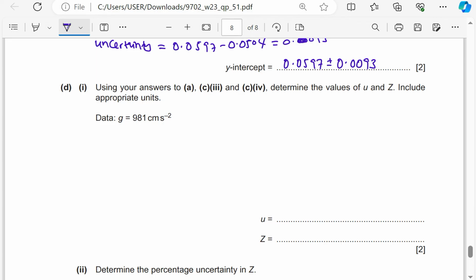Use your answer to (c)(iii) and (c)(ii), determine the values of u and z. Include appropriate units. Okay. So remember earlier on we saw that the gradient was equal to root of twice g divided by u, times z. That was the gradient.